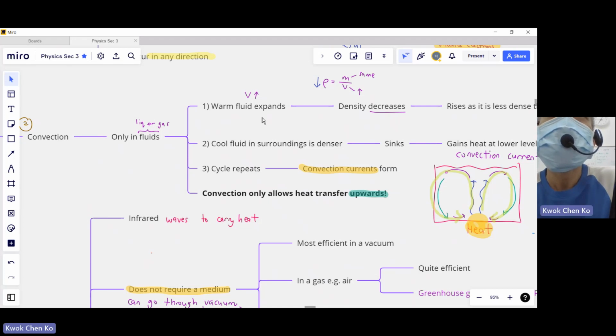This expands, so density decreases. Hopefully you remember this formula, even though you don't have to write it in your answer. It explains why the density decreases: mass is the same, volume increases, so density decreases.